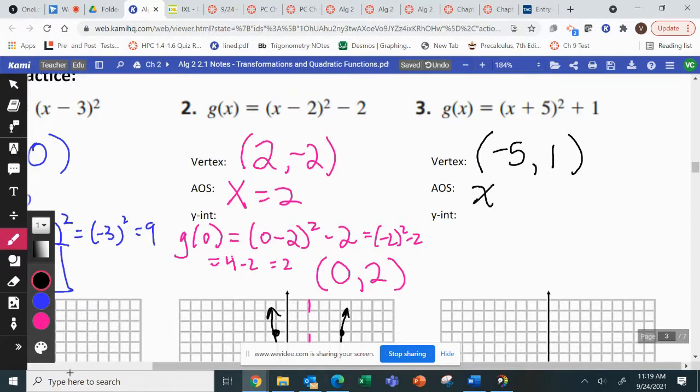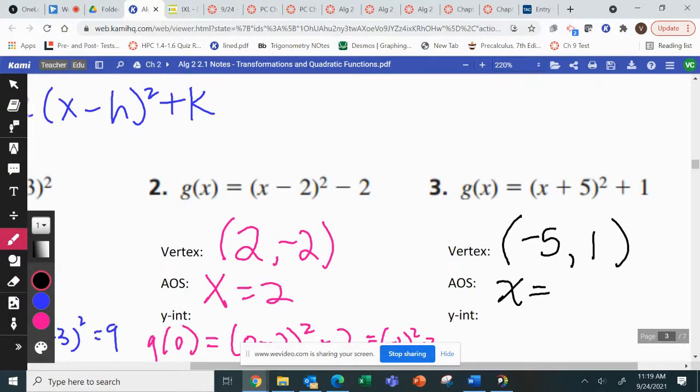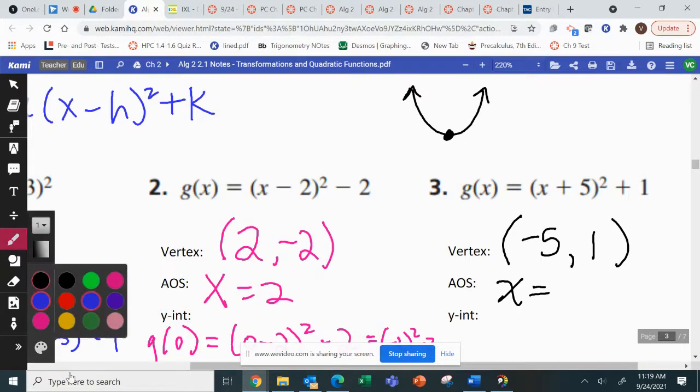Now, that means our axis of symmetry, Sterling. Okay, I'm going to sketch a graph up here, Sterling, to help you. If I have a parabola, and this is my vertex, my axis of symmetry goes through the vertex, not really part of it.